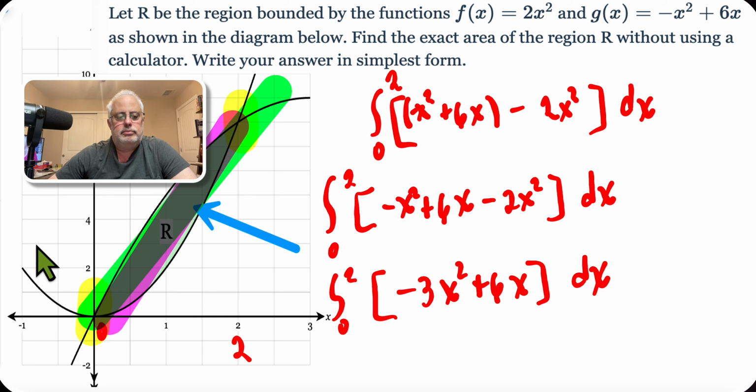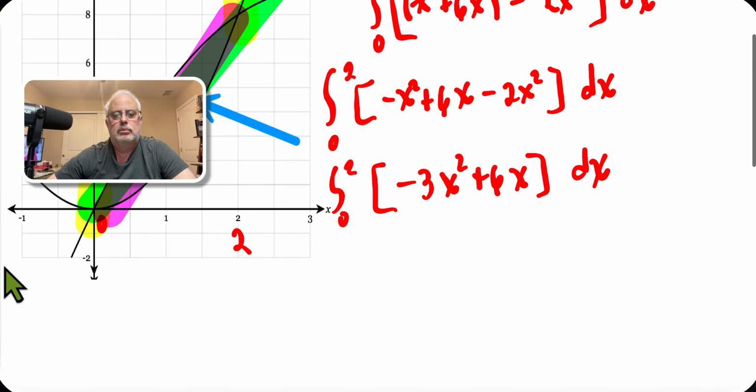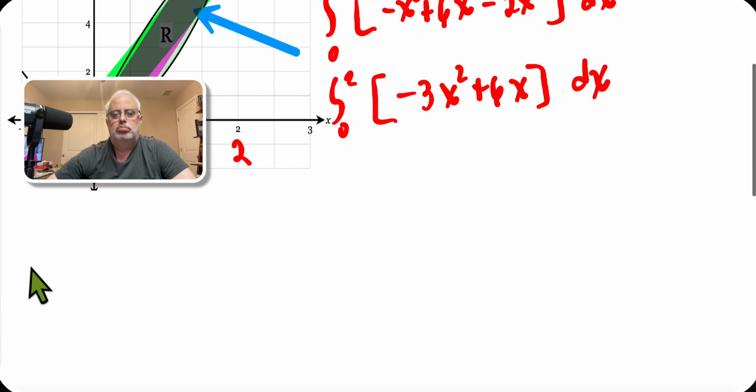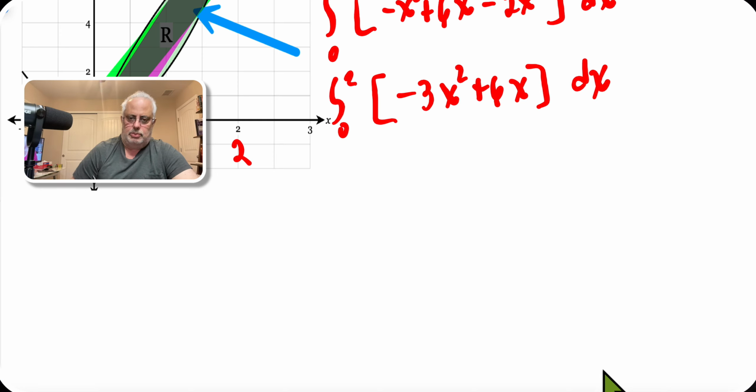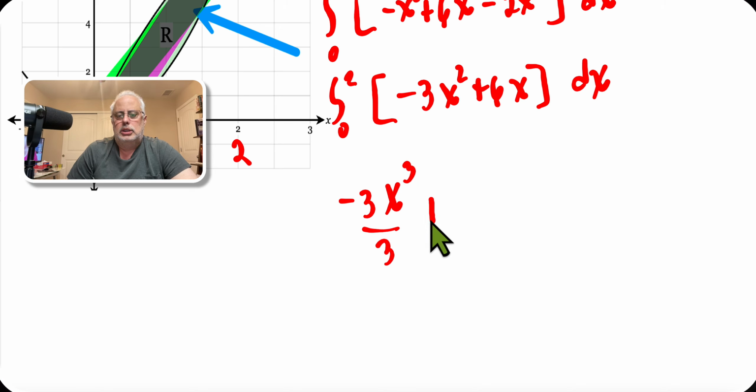So let's continue here. And we are going to apply here the rule, which is negative 3 times x to the power of 3 divided by 3, plus 6x to the second power divided by 2.